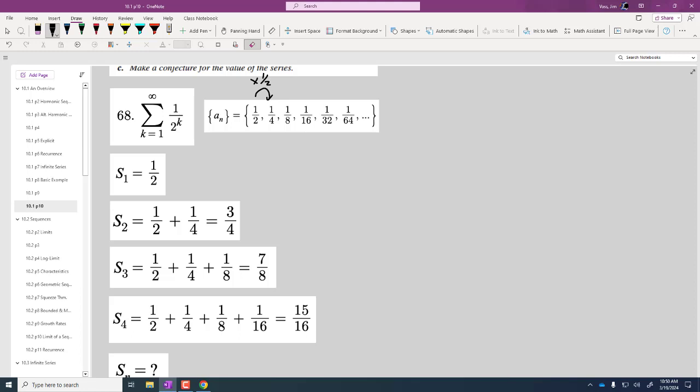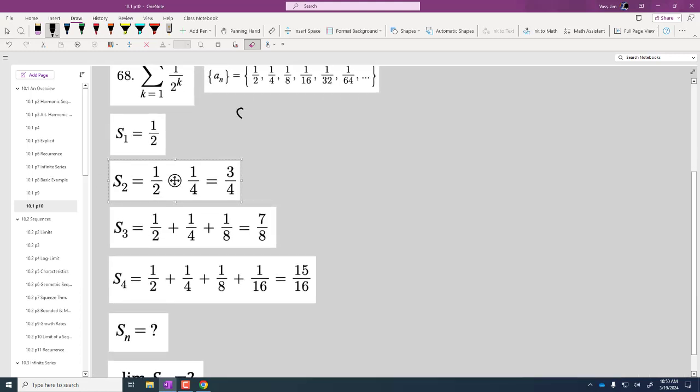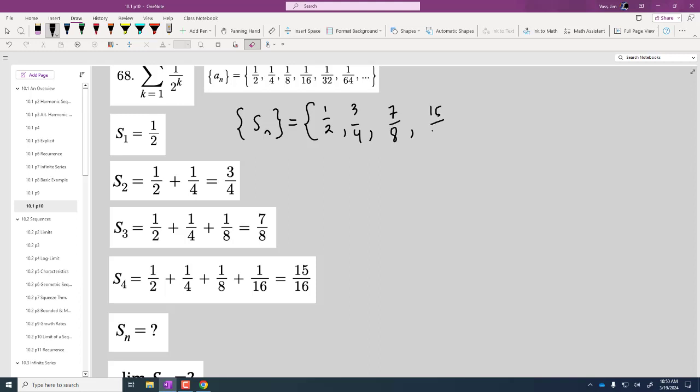Now we're looking at our sequence of partial sums here. So here is what our sequence of partial sums looks like. We've got 1/2. So here's where we can't always find a pattern easily. If we can, we're golden.